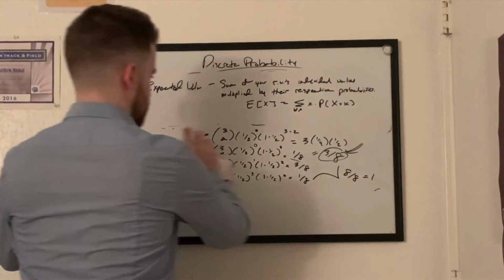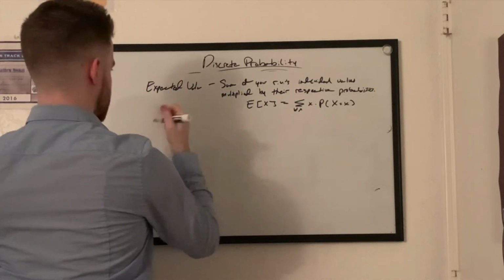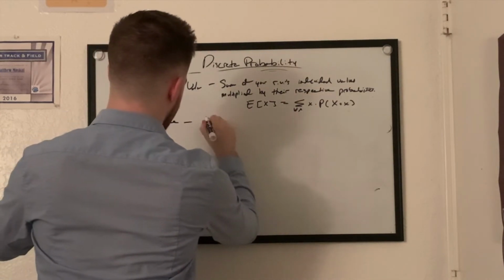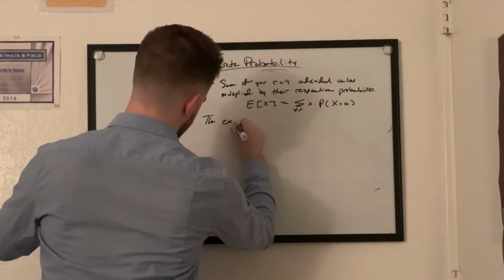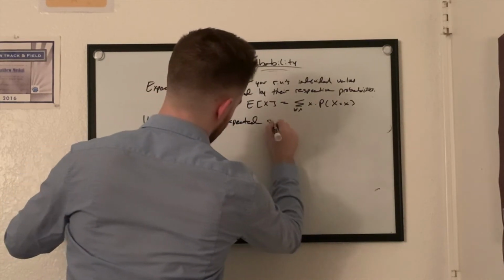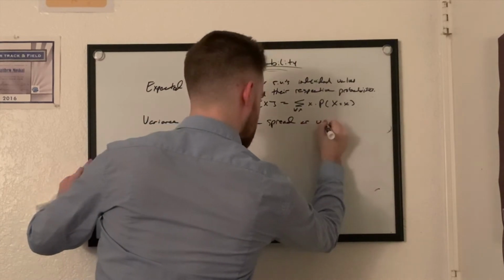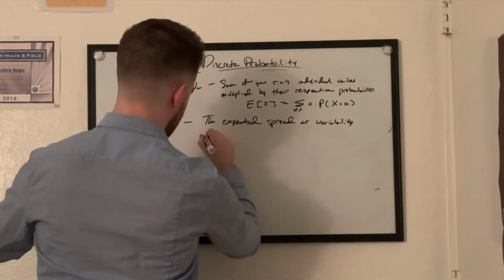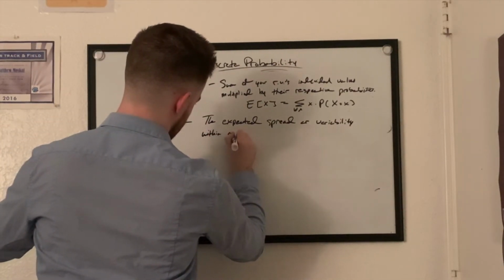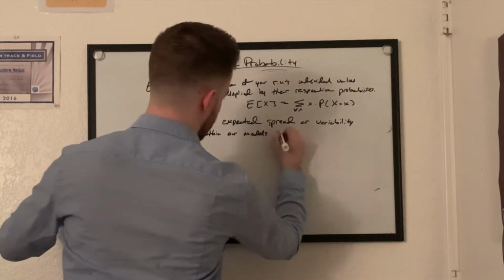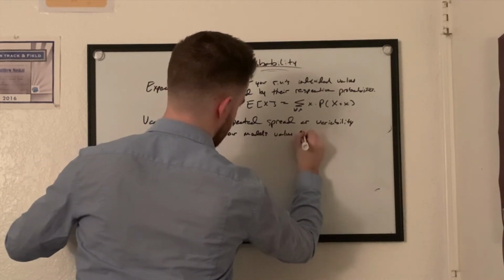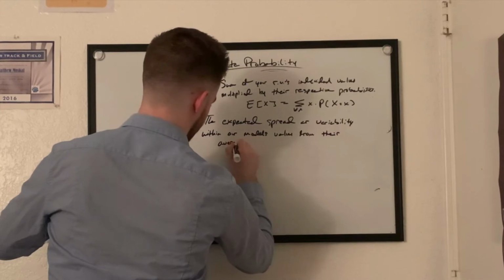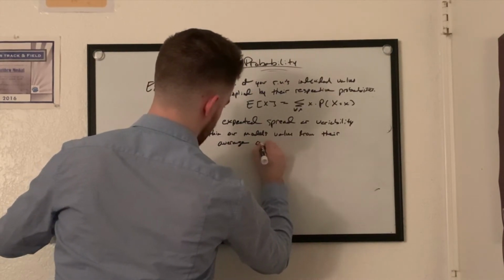And so variance is the expected spread or variability within our model's values from their average output.